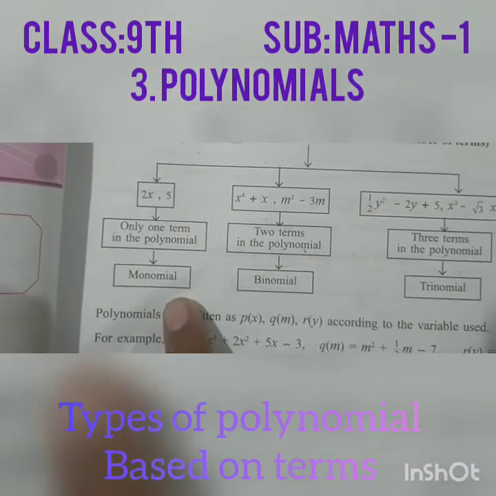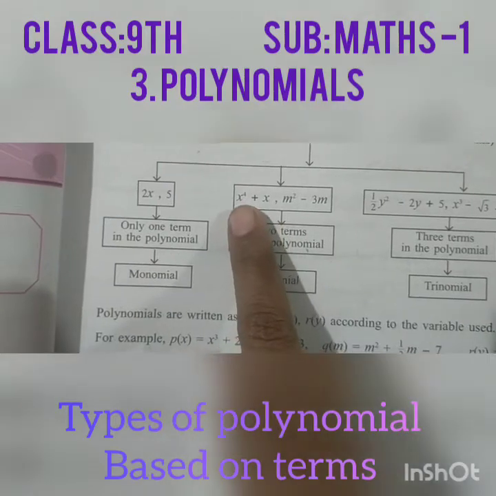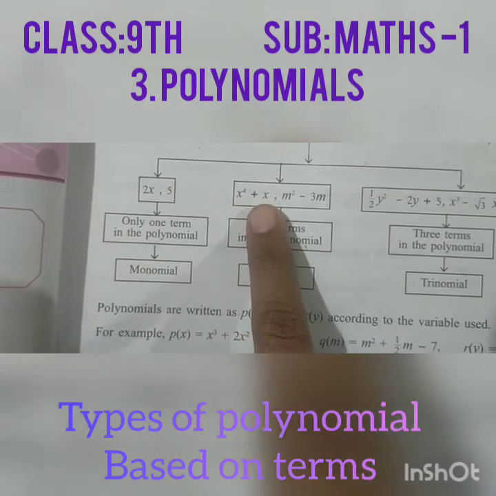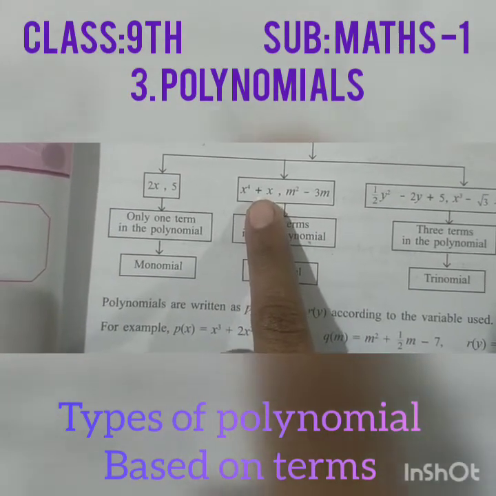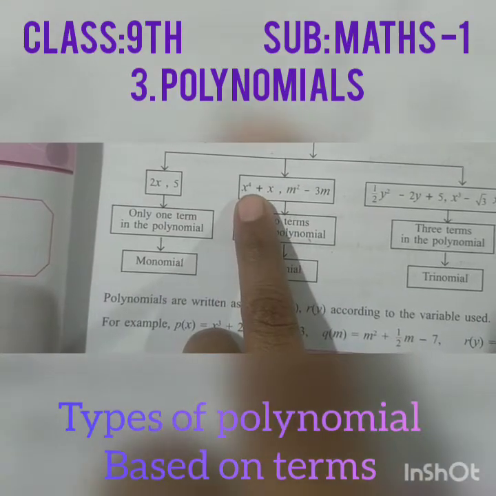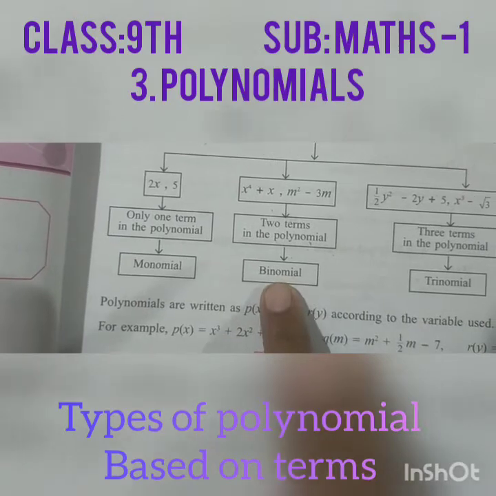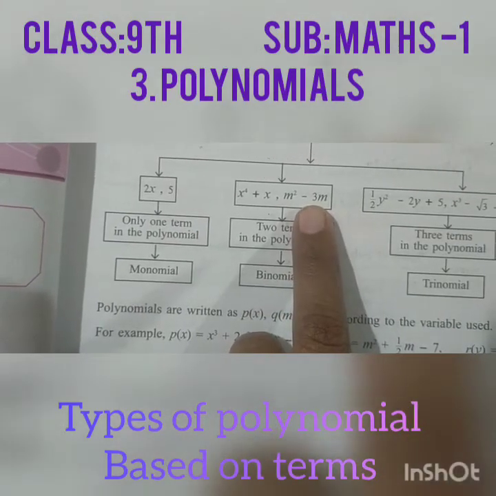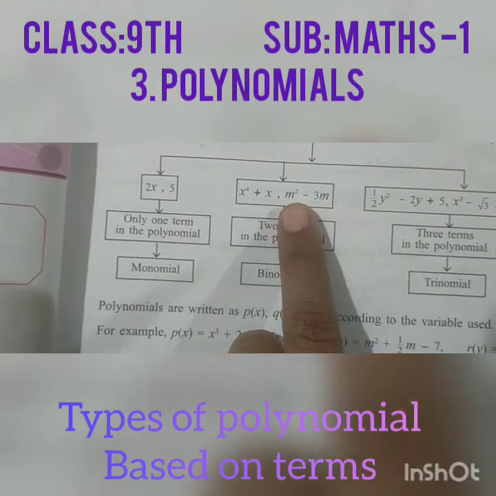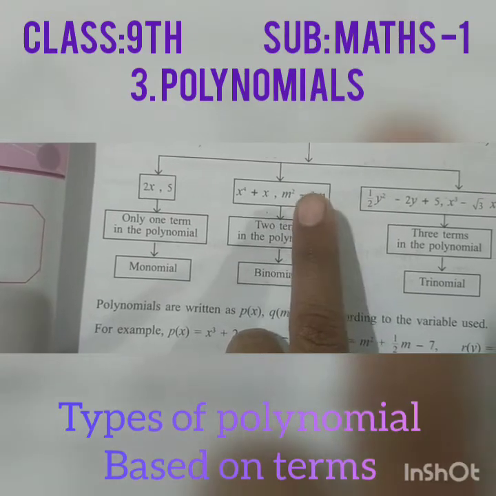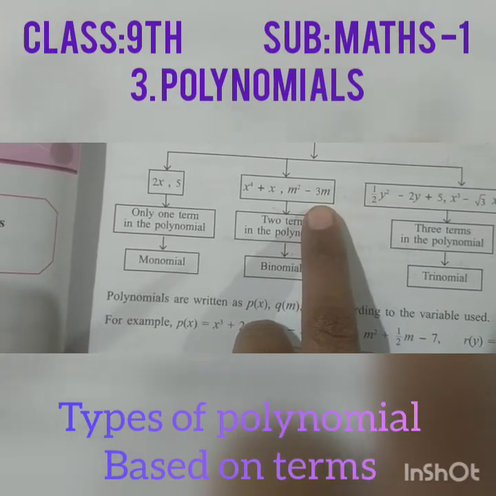Therefore, it is a monomial. But in this expression, x to the power 4 plus x, there are two terms, x to the power 4 and x. Therefore, this is called a binomial. As well as this, in this example, m square minus 3m also has two terms.